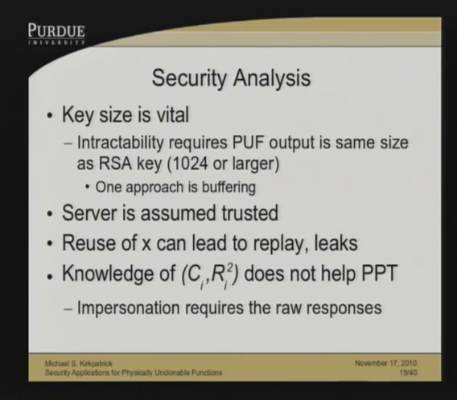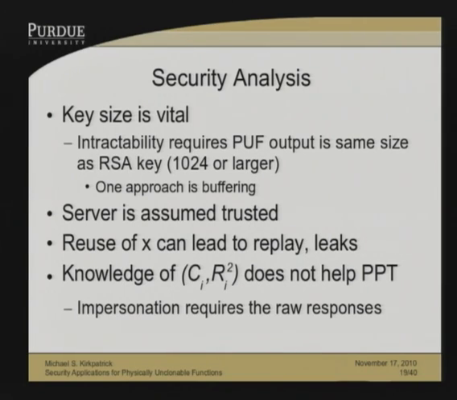Our trust assumption is that the server is trusted. The reason this is acceptable is because if the server is not trusted, then the sensitive data on there, if the server is compromised, the attacker already has access to the data. They don't have to break our system.